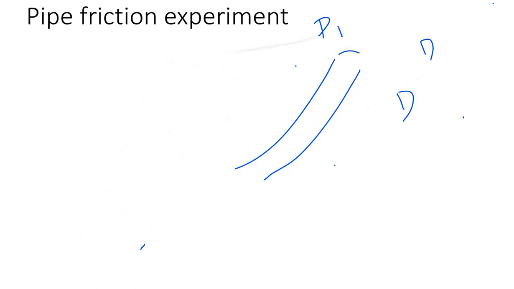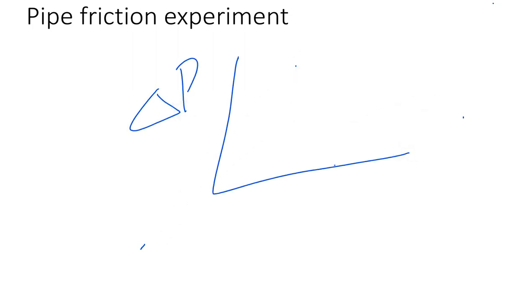So the relation is interesting. If you plot delta P versus diameter at fixed flow rate, your data is like this. It means there is a sharp decrease in the pressure drop. So a small increase in diameter will decrease the pressure drop too much.